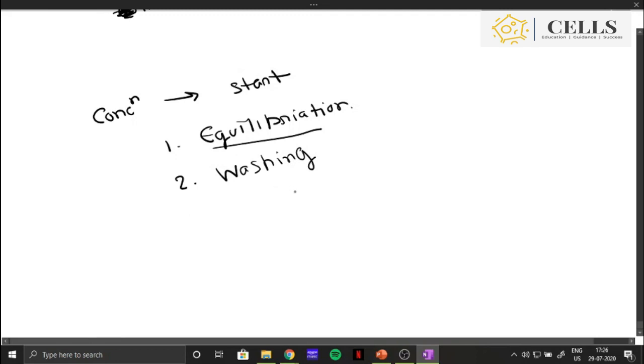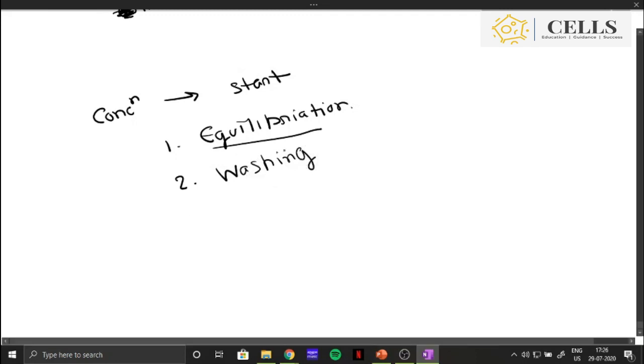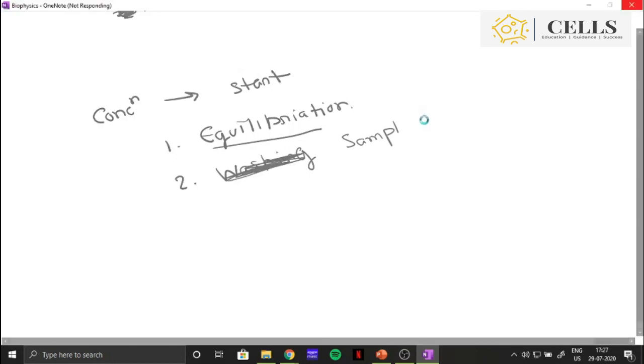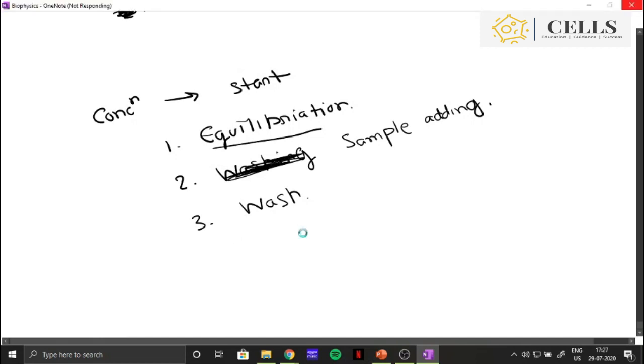So you have equilibration, then you add the sample, then you have washing to remove non-specific bindings, then you have elution.